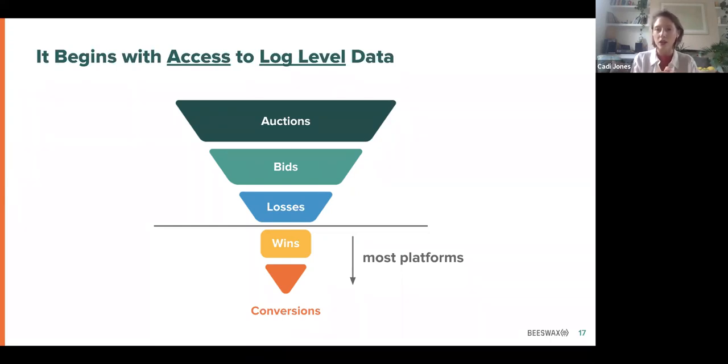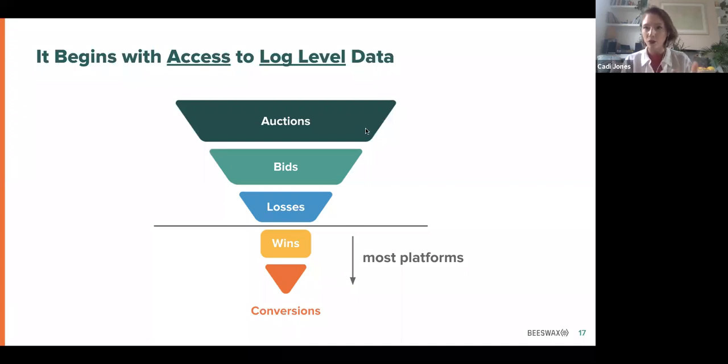You can look at the win rate that you see for a particular publisher, for a particular domain, and perhaps it's always higher through one particular SSP partner than it is through another. In that scenario, you might ask your DSP partner to optimize your setup so that when you see bid requests from that particular publisher, they are sent via the SSP where you're seeing better win rates and therefore better responses.